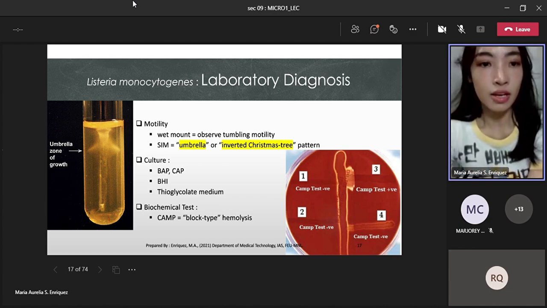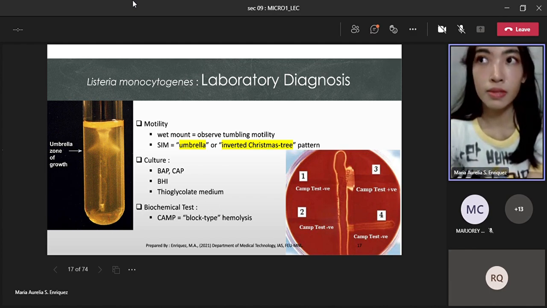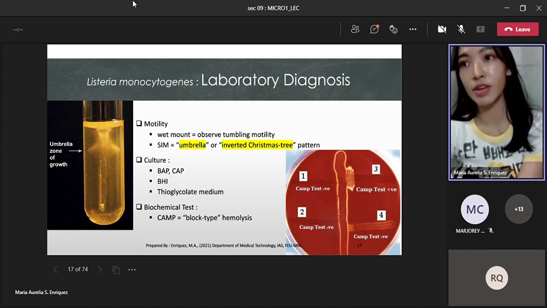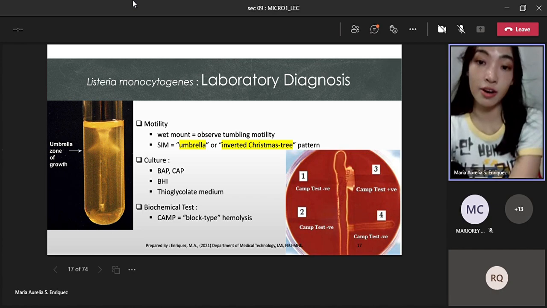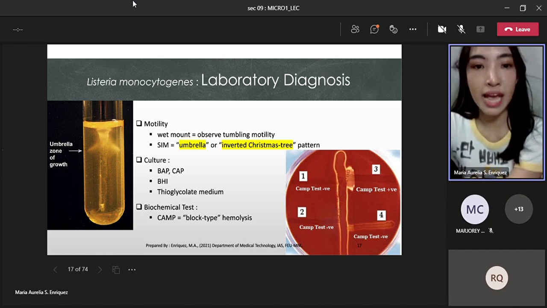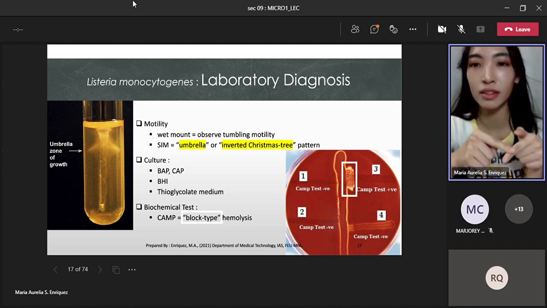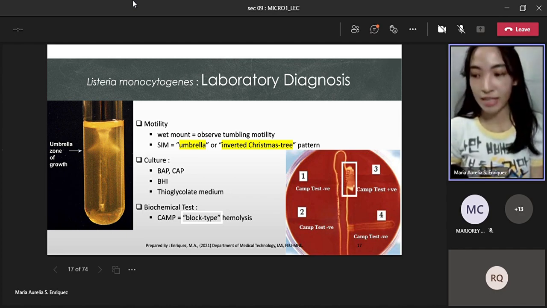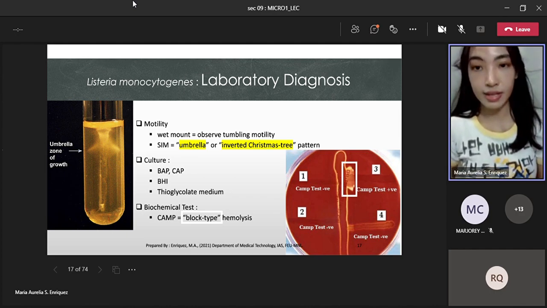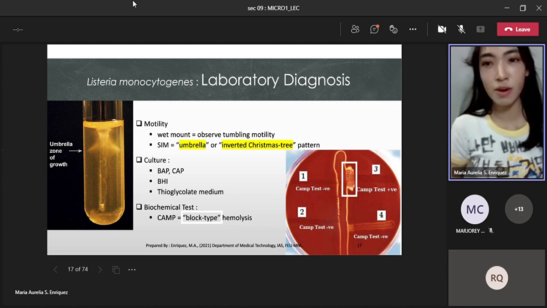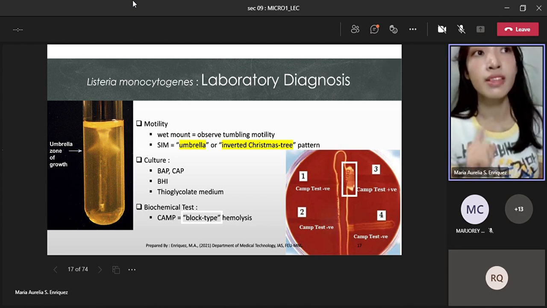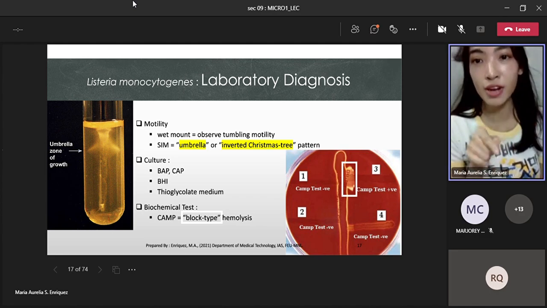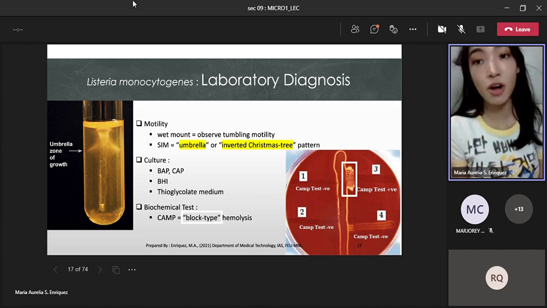Okay? Next, Listeria produces a positive CAMP reaction. So pwede rin po natin gawin yung CAMP test for Listeria monocytogenes. They would produce a block-type hemolysis, or somewhat a rectangular pattern, as we can see in this example. So if i-compare po natin yan sa CAMP reaction ng Streptococcus, di ba po sa Streptococci, they produce a triangular or arrowhead shaped hemolysis.